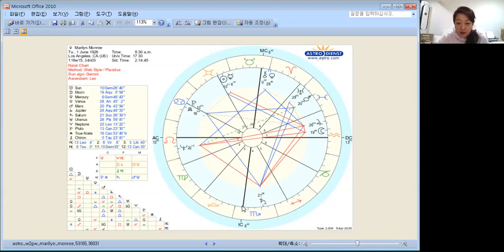Then we have our fourth house going into this Sagittarius energy. So we've got two signs here again. The fifth house we have for her, Sagittarius has to do with Jupiter. This is your luck. And you know how she became this very well-known, famous figure in the entertainment industry.